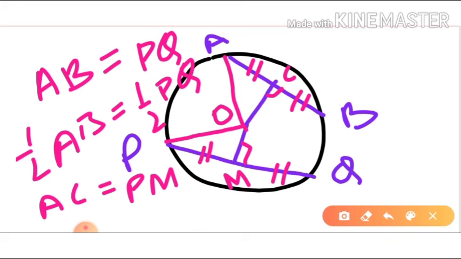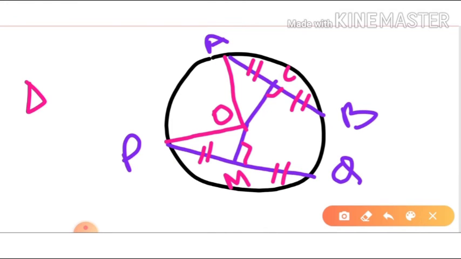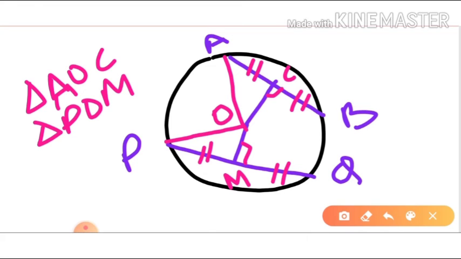So when we consider these two triangles, which are the triangles? We'll consider two triangles, that means triangle AOC and triangle POM. Okay, there you can see this AC equal to PM, first one.